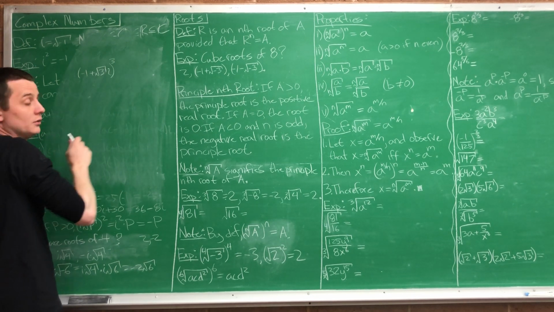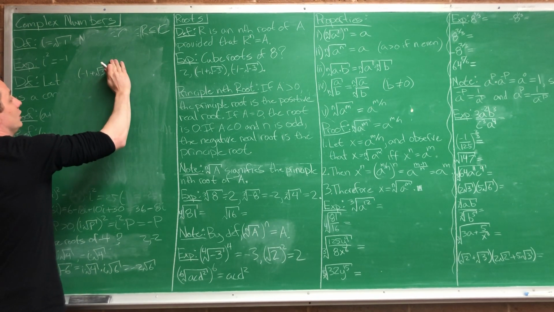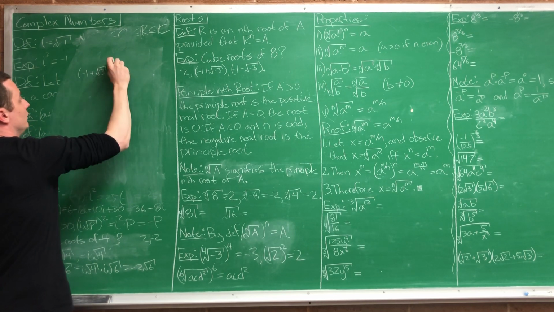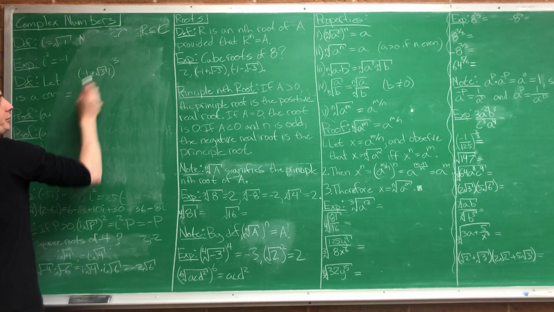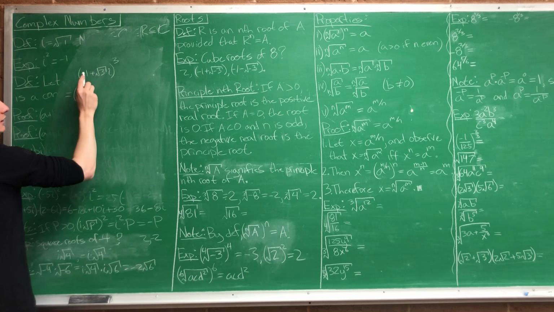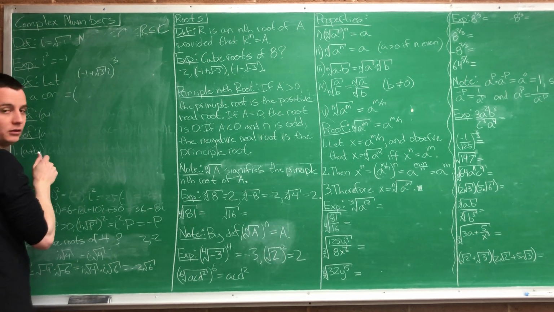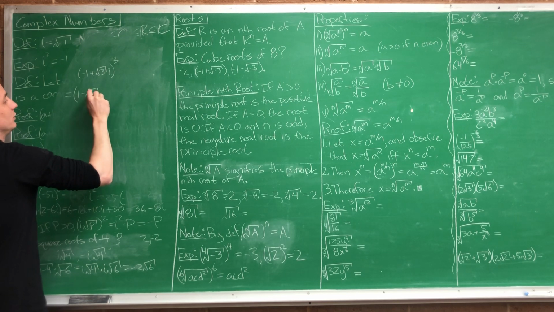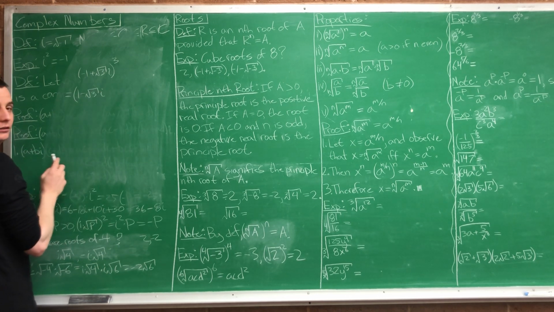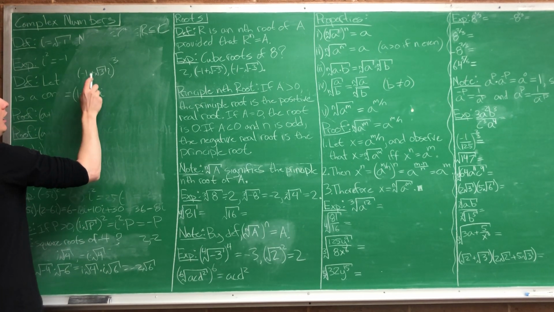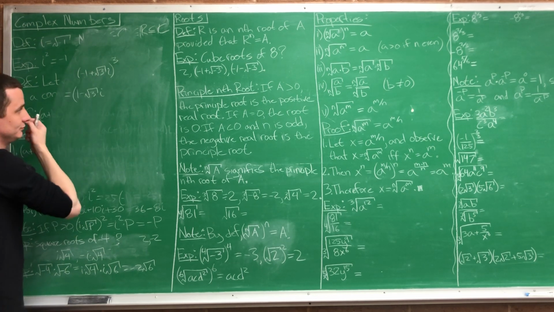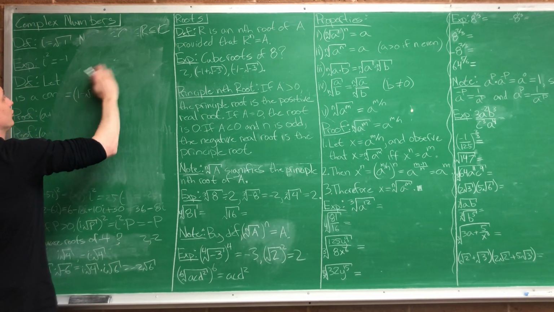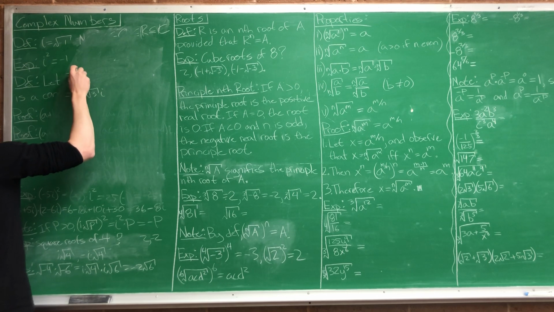So first thing I'll do, that cubed is equal to, let's multiply this by itself. Let's see, negative 1 times negative 1 is 1. Negative 1 times that is negative square root of 3i. Maybe I'm losing you here. Let me just write this out all in one.